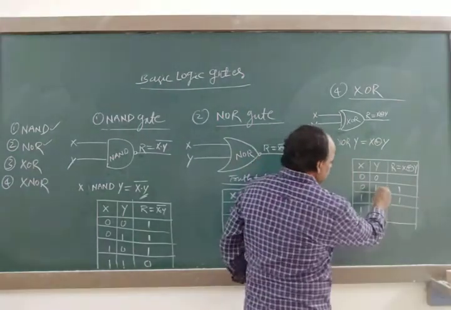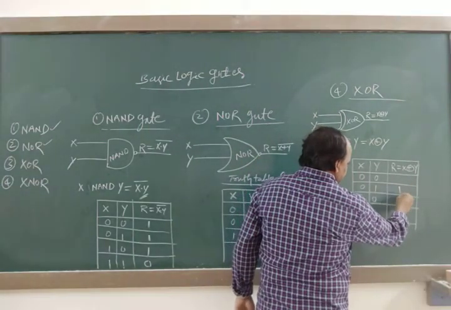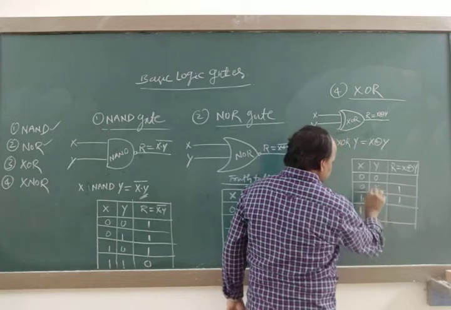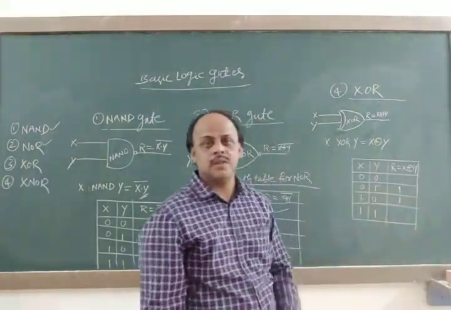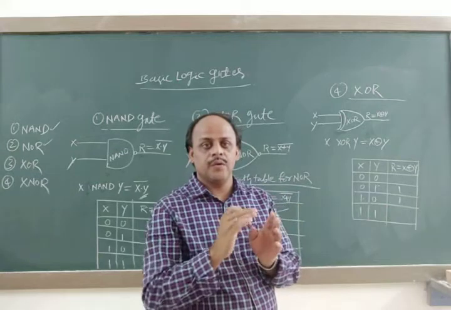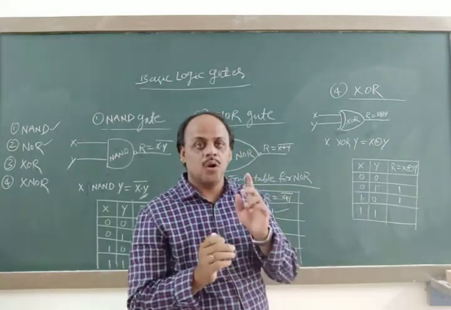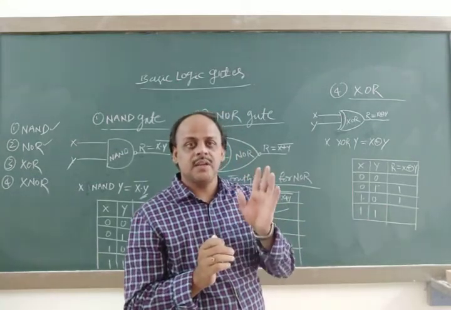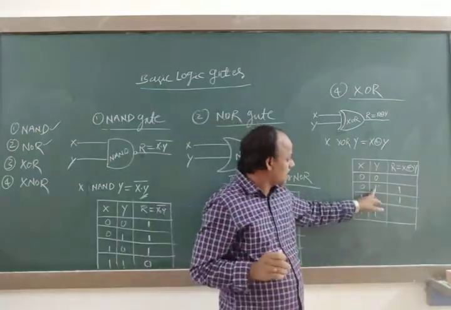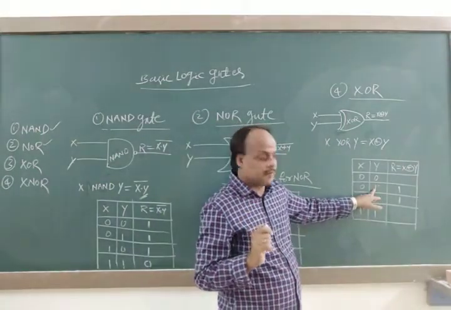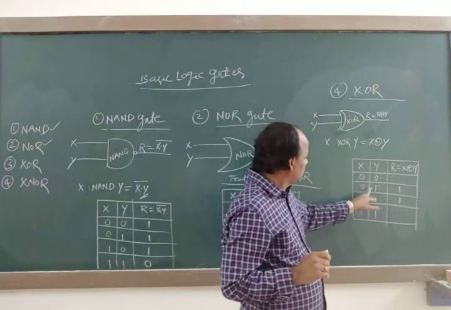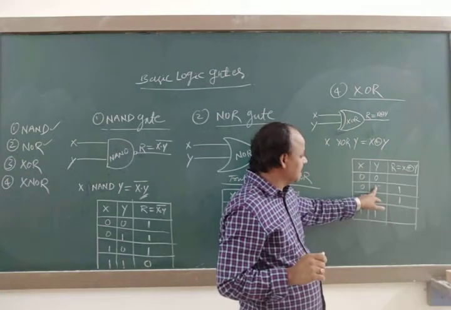See here, the result is high because an odd number of 1s is present. An odd number of ones means that on the input side, in the input combination, 1 must be counted an odd number of times. See here, these two are the inputs. 1 is there 1 time.